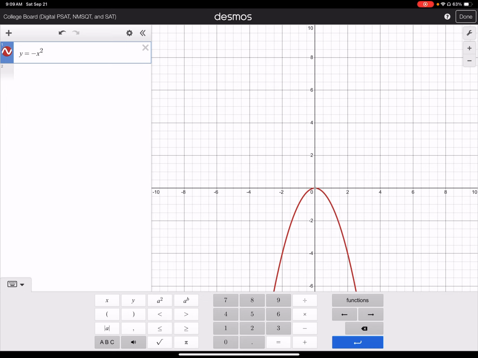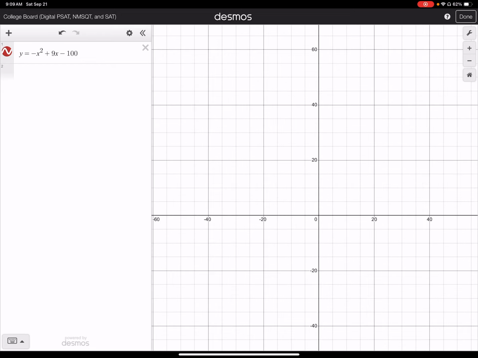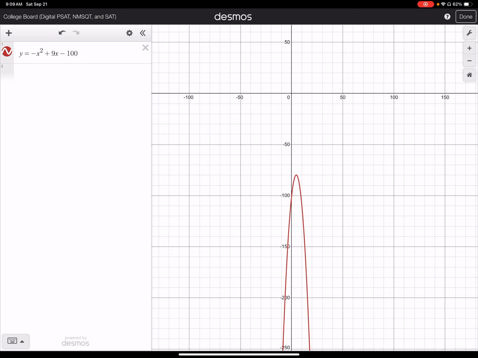You can see it's opening downward, just like we were talking about. And then a plus 9x, and then a minus 100. And you're going to see it's going to disappear. The reason why it's going to disappear is because that thing has been scooched down so far, so I need to zoom out so I can see that thing.